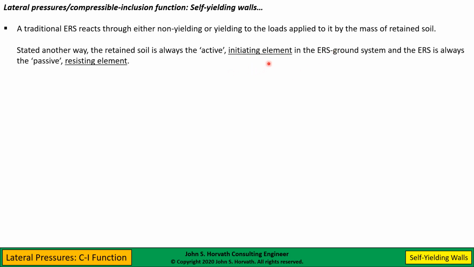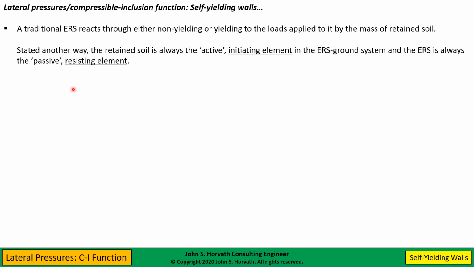We want to state it another way. The retained soil is always what I call the active or initiating element. And active here I put in quotes. This is not the active earth pressure. What I mean is that the retained soil is the one that is actively initiating the earth pressure on the earth retaining structure ground system.